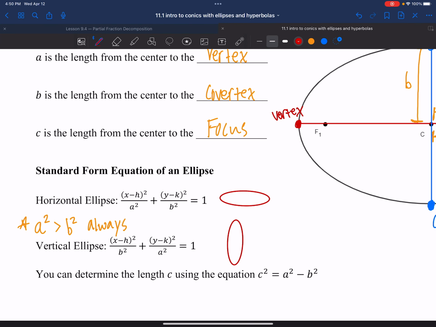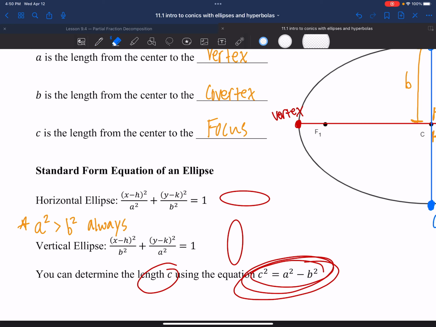And by the way, notice with standard form, you don't see C, right? You see A and B, you see H and K, but you don't see C. So what is C? It's that length from the vertex to the focus, and you can use this equation, C squared equals A squared minus B squared, to find it. You might notice, hey, isn't that like Pythagorean theorem?